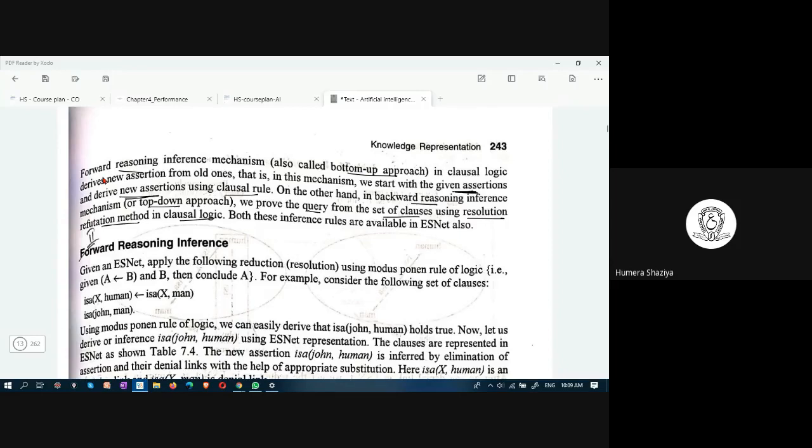In clausal logic, we saw how resolution refutation method is used to determine whether the given clause is true or false. These inference rules, forward reasoning inference mechanism and backward reasoning inference mechanism, also known as bottom-up approach and top-down approach respectively, are also available in extended semantic net.